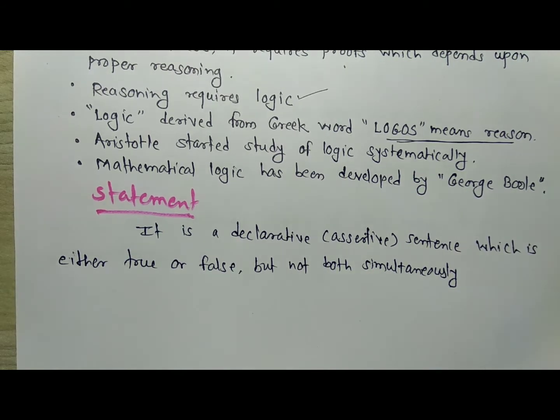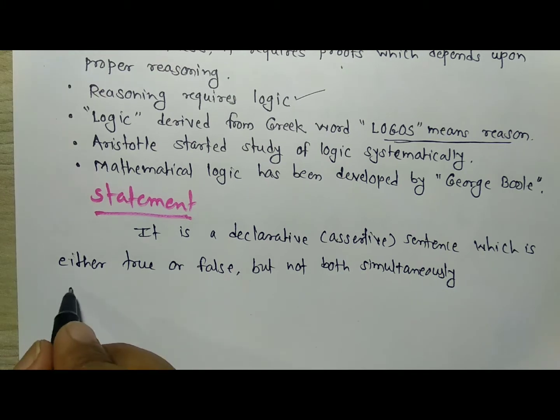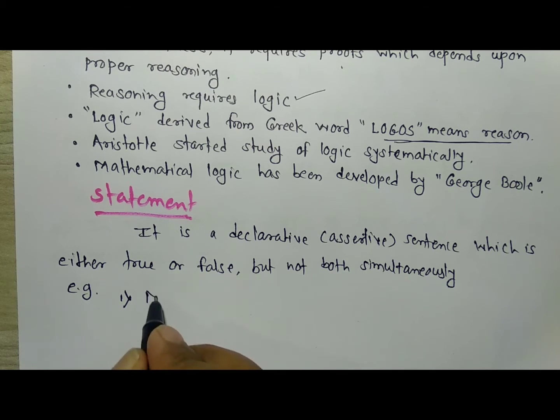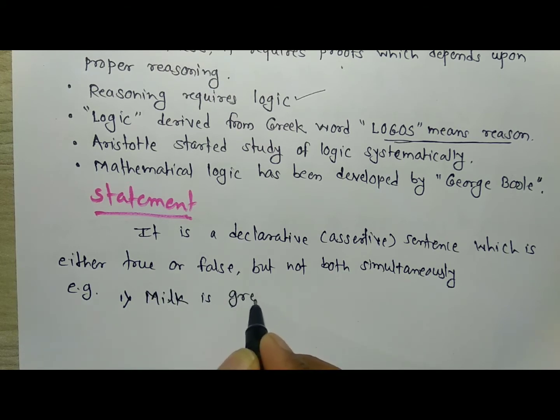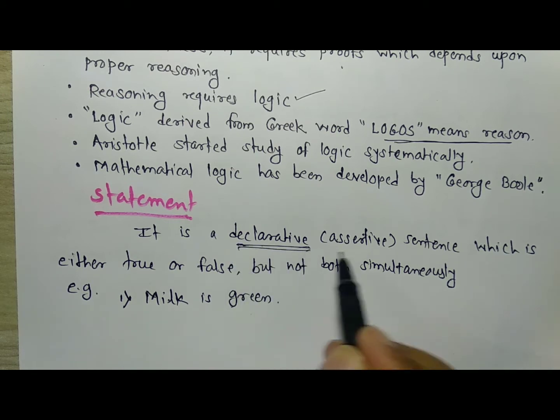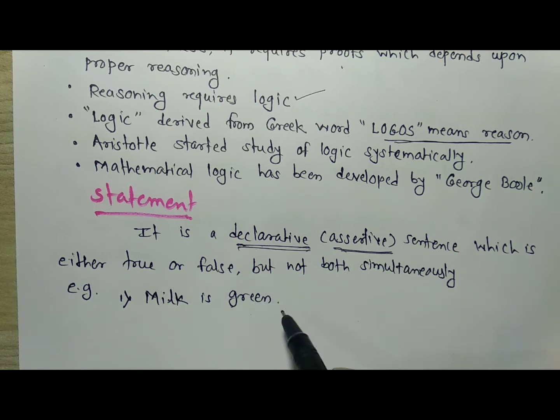For example, I am taking the consideration of "milk is green". It is a simple statement. That means it is a declarative or assertive sentence. What is the truth value of that statement?